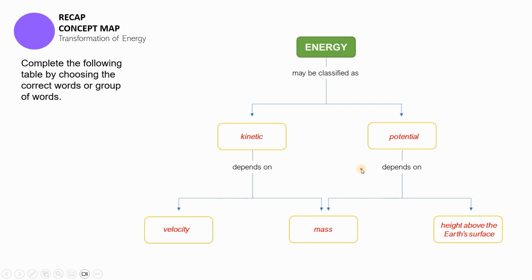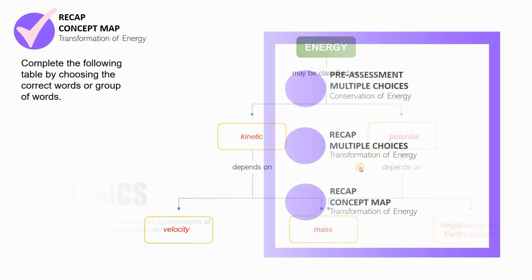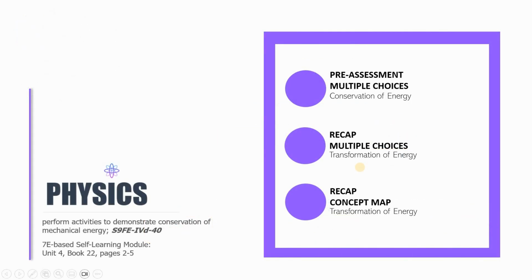Okay. So, the 33rd version of Physics 9 has just finished. It's also serving as the very first episode for the new book number 22, which is all about conservation of mechanical energy. In this session, what we were capable of finishing are the following.